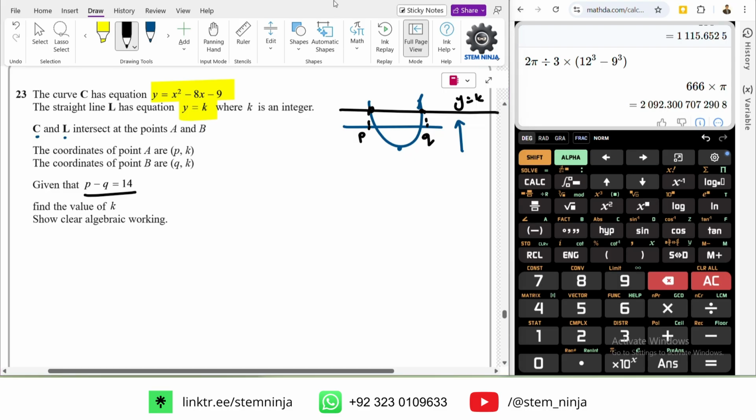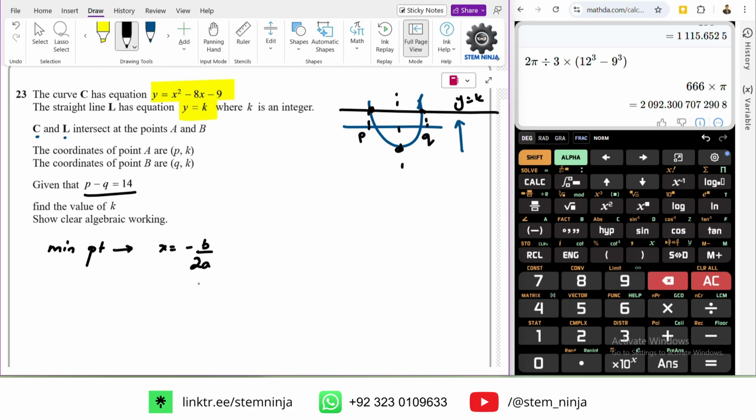So there are several ways to figure this out. First off, what you can do is figure out where these roots are, or where this minimum point is. For example, the minimum point can be found by doing x equals minus b over 2a, or you can simply differentiate this also: dy by dx is equal to 2x minus 8 equal to 0, and that would get you x equals 4.